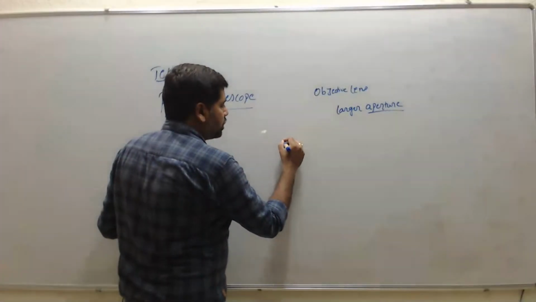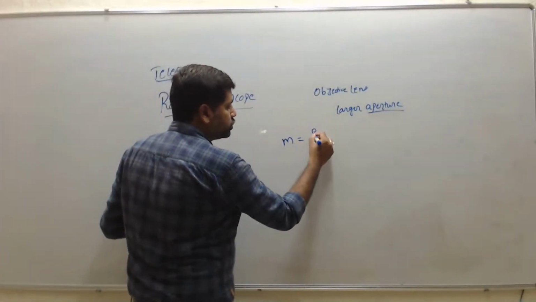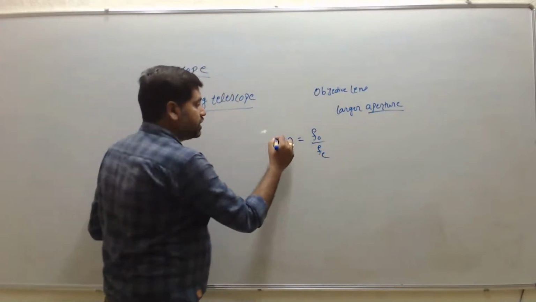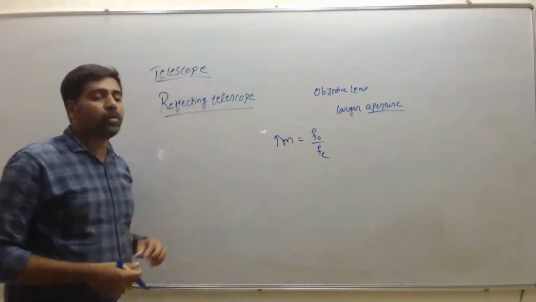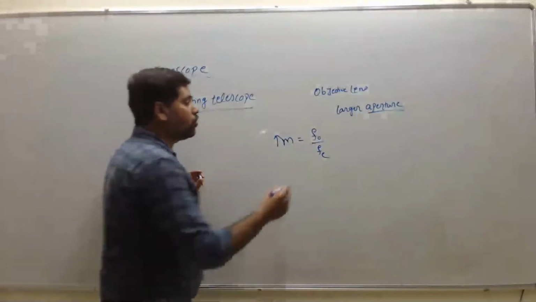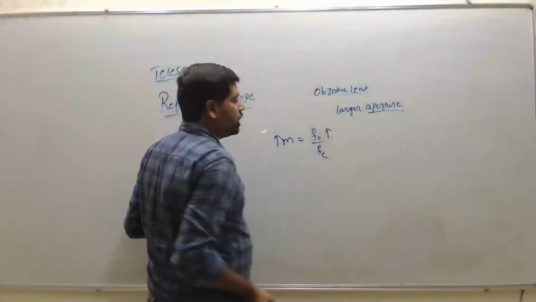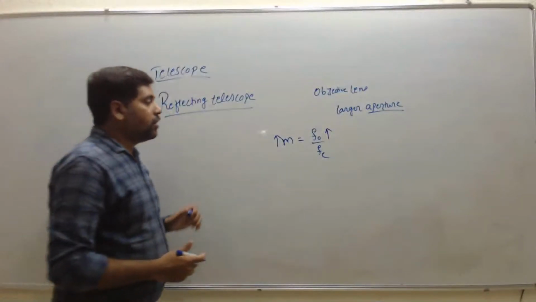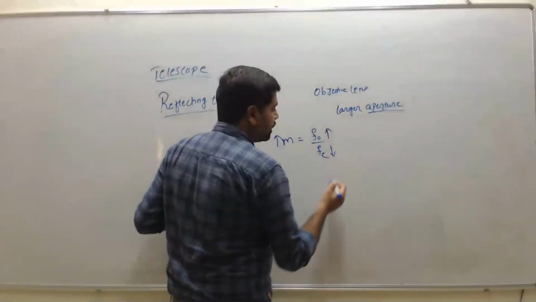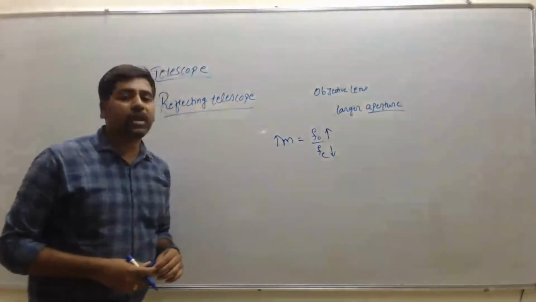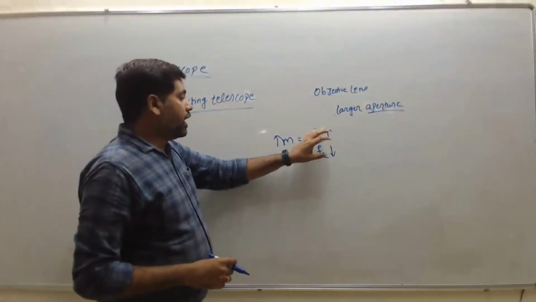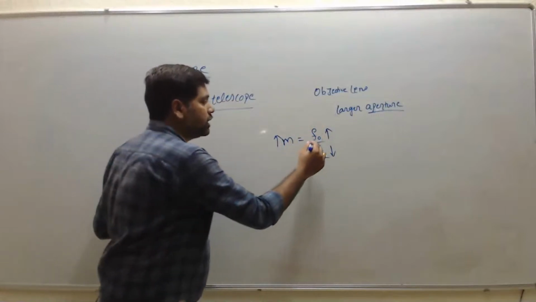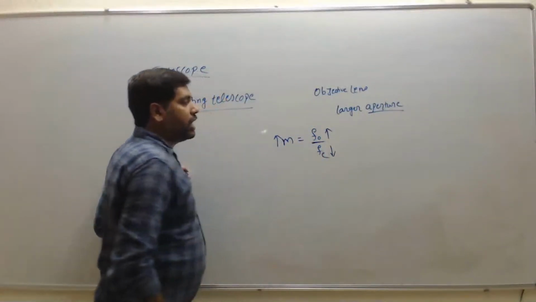That is, we have the relation magnifying power M equals fo divided by fe. If we want to increase the magnifying power of the telescope, we have to increase the focal length of the objective lens, and we can decrease the focal length of the eye lens. So the main factor is that we have to increase the focal length of the objective lens.